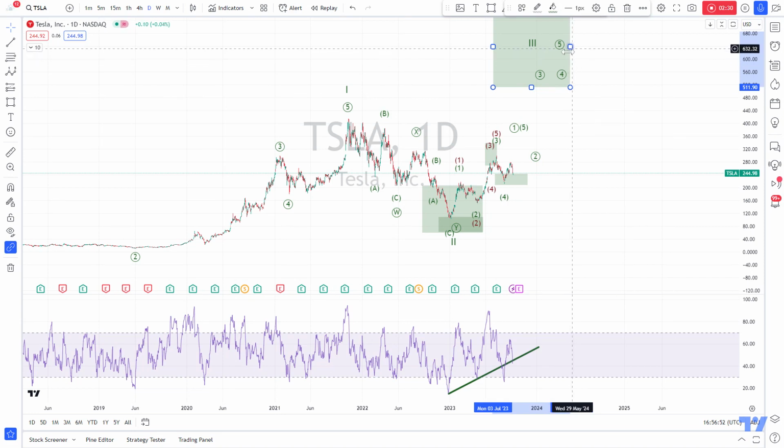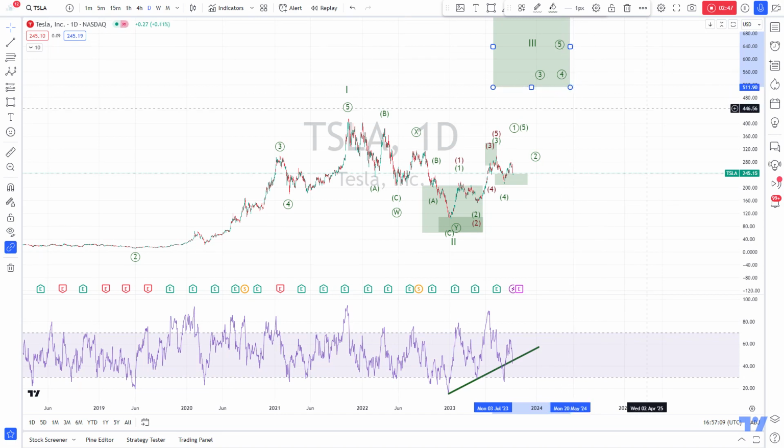So this is the target area where we should go with Tesla. So I'm bullish on Tesla. However, this will not be for tomorrow or next week. This can take some time to play out.